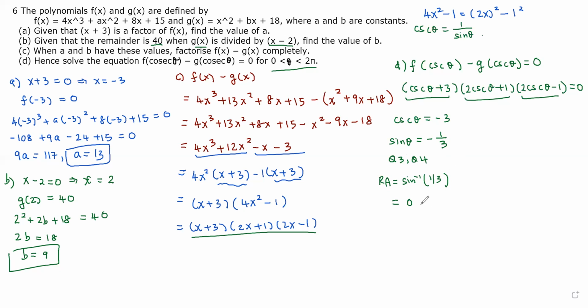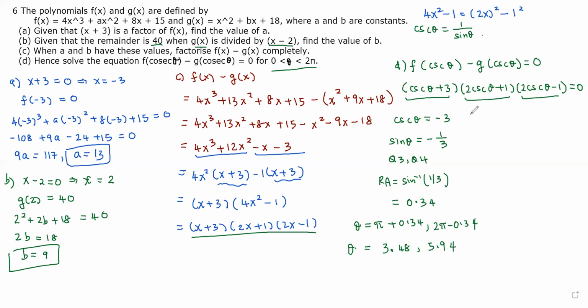Using radian mode in your calculator, we have 0.34. In quadrant 3, theta is pi plus the reference angle. In quadrant 4, theta is 2 pi minus the reference angle. So that is 3.48 and 5.94 for theta. That is the first one.